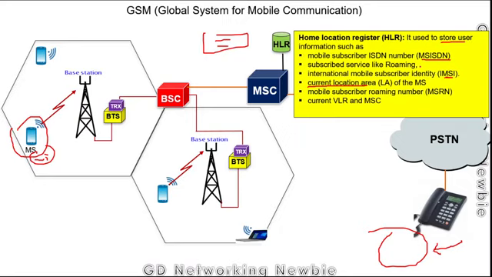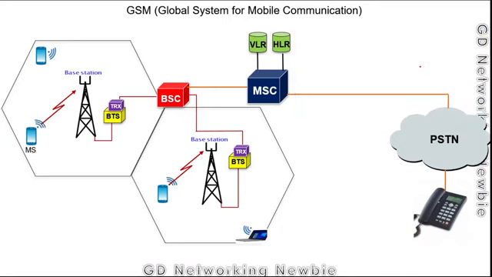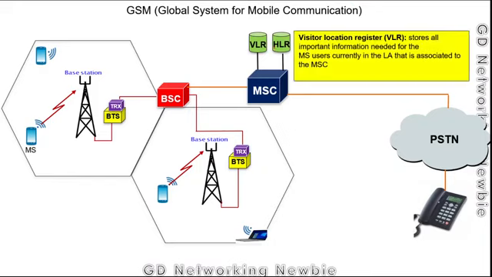Now this mobile switching center also has some other database. That database is VLR, which stands for visitor location register. Visitor location register means there is some mobile user who might have services from some other mobile operator. Like in every country, we have multiple mobile operators.